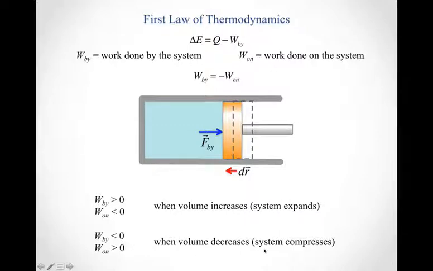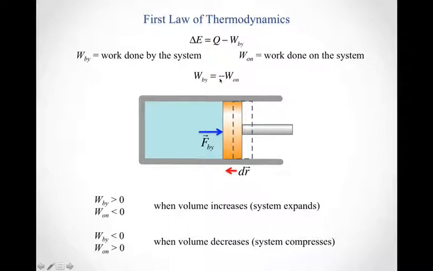But why is it that the system was compressed? Well, it was compressed because there was some external force out here that pushed harder than what the system pushed, which caused the piston to move in. That force did work on the system, and that work was positive because the force pushing on the system pointed in the same direction as the displacement.